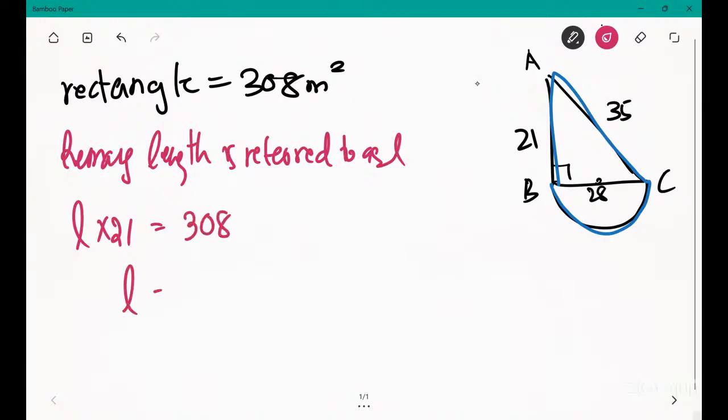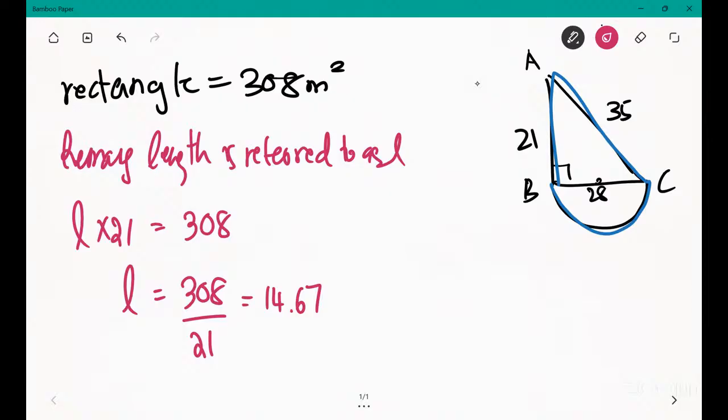So L is 308 divided by 21. Sometimes you may get decimal answers, but that's fine. Here the answer is 14.67. If you get decimal answers, just leave it like that.